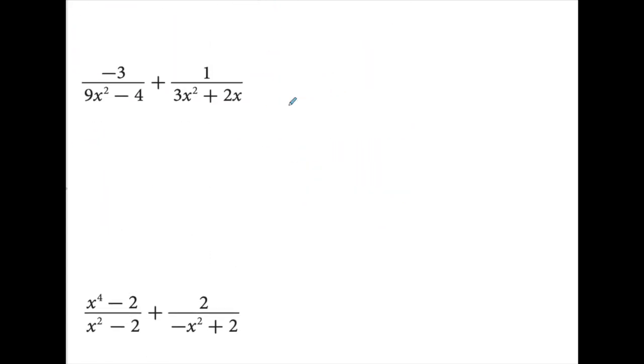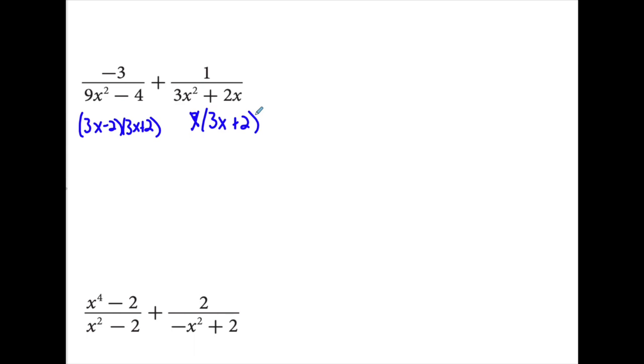Moving on down to the third, I immediately see that I'm going to need to factor here. Okay, so this is actually a difference of squares. This is 3x minus 2, 3x plus 2. And this is a GCF. This is x times 3x plus 2, because you take out the x.